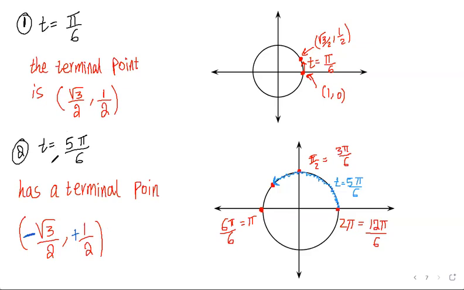So again, the terminal point for this t is exactly like t equals pi over 6, but the difference is the sign. The sign here will be negative because the x value is negative and the y value is positive. So negative x, square root of 3 over 2, and positive 1/2. Any question? So my terminal point is B, defined like this.